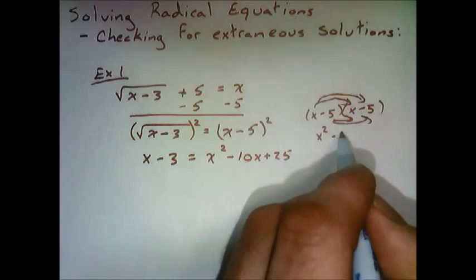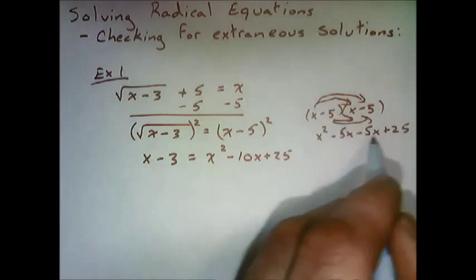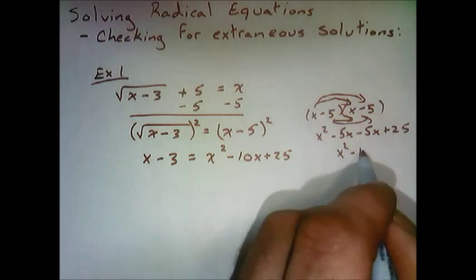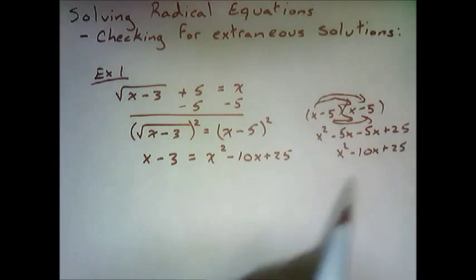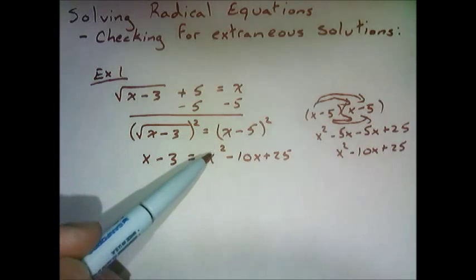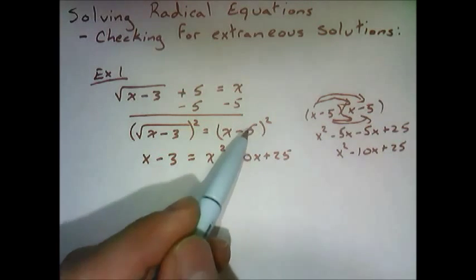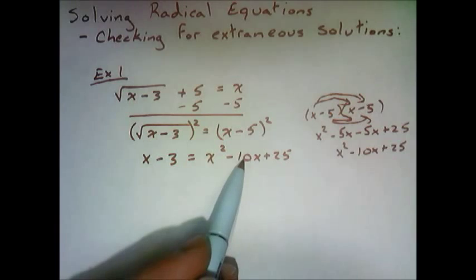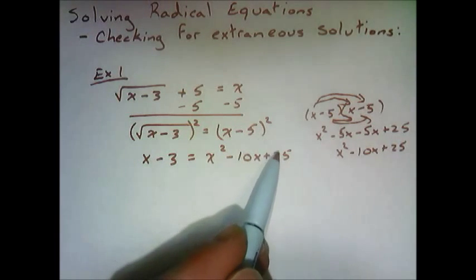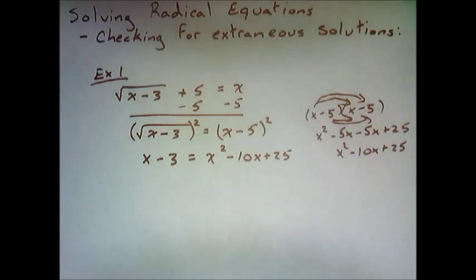So I get x squared minus 5x minus 5x plus 25. Add my two middle terms, I get x squared minus 10x plus 25. Remember the shortcut: we can square the first term, multiply the two terms together and double it. So negative 5x doubled is negative 10x, and square the last term gives me 25. And that'll always work with squaring out a binomial.